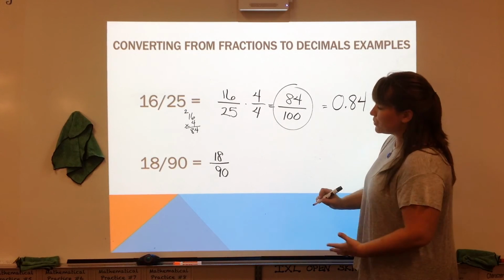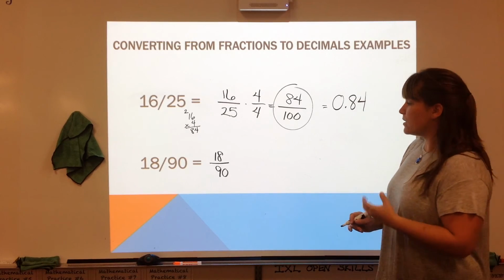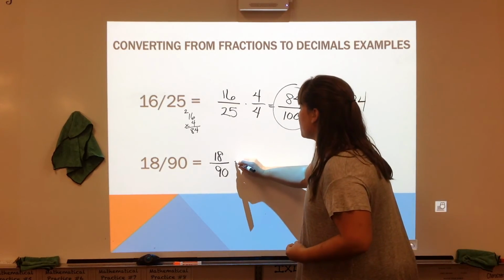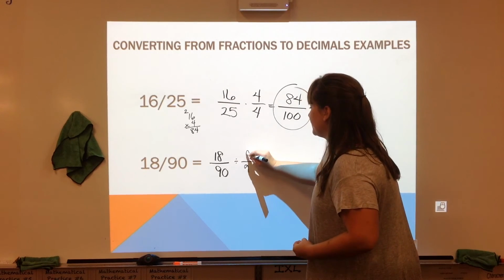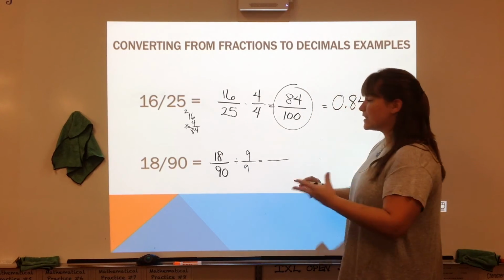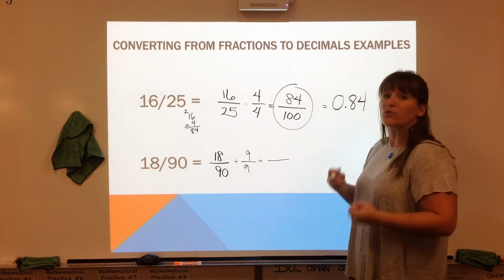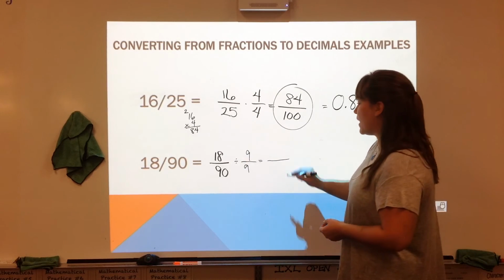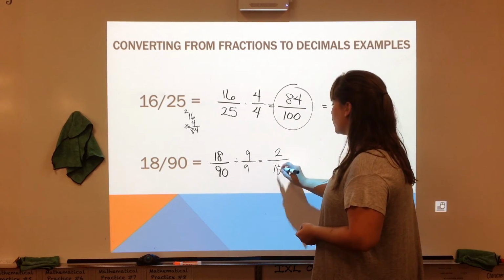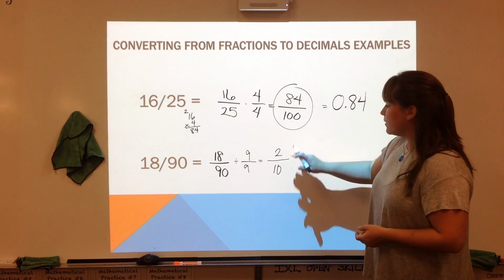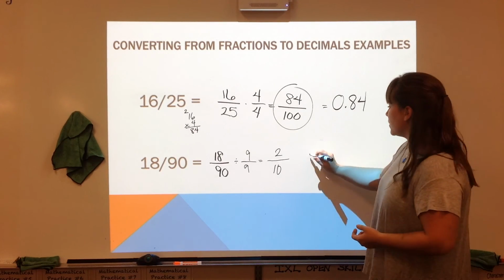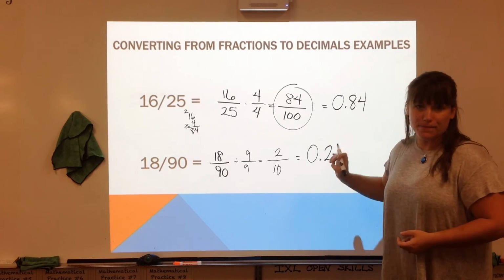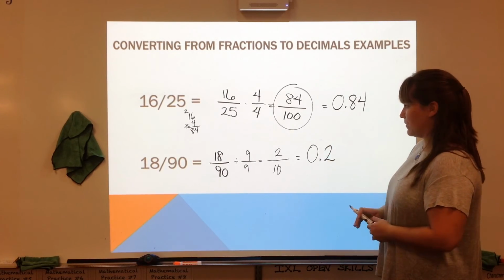For the second one, you should have possibly realized that 90 will reduce down to 10 by dividing by 9. So if we divide and simplify this, we then can write it as a decimal. So sometimes you're going to need to multiply, sometimes you're going to need to divide. And when I divide, I get 2/10. Again, the 10 tells you the place value place, and then the 2 tells you what number is sitting in that place value place, 2/10.